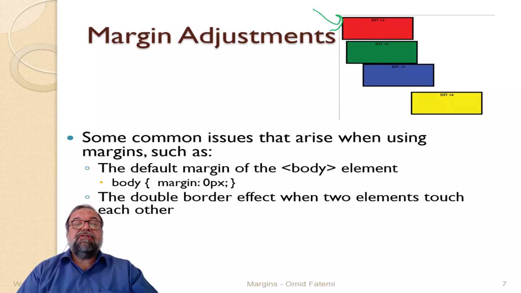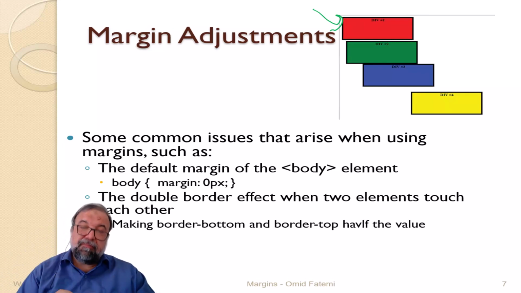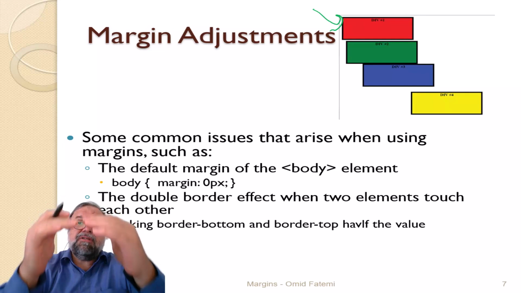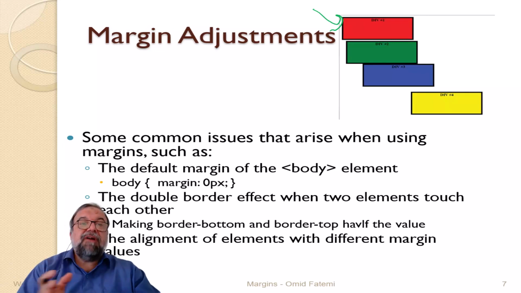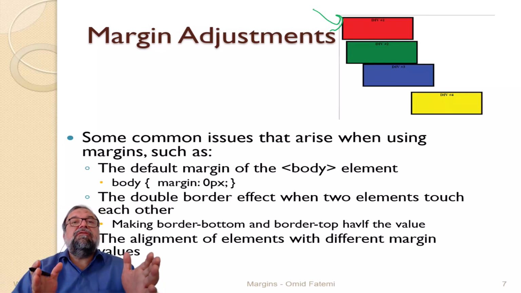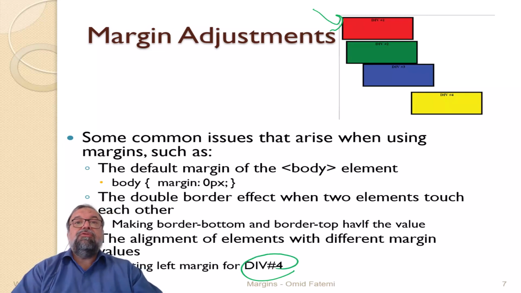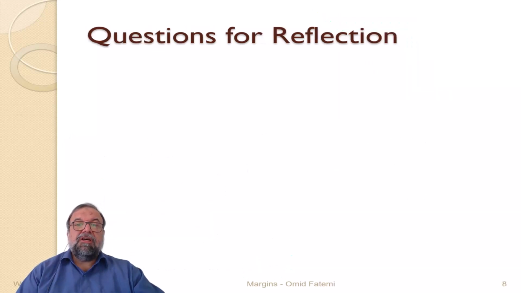For the double border effect, we can put half of the border for the top of the lower box, and half for the bottom border of the top box. And for different margin values, we should calculate what to put for our box. For example, here we have to put a margin of 250 plus 75 plus 6 plus 6 for box number 4.